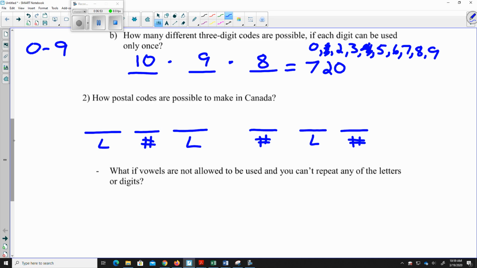There's no restrictions here. I didn't say anything about repetition. So there's 26 letters in the alphabet. Cool. Now for numbers, I can choose from 0 to 9, which we know is 10. Letters, 26 again. 10, 26, 10. So now you just take those and you multiply them all together.